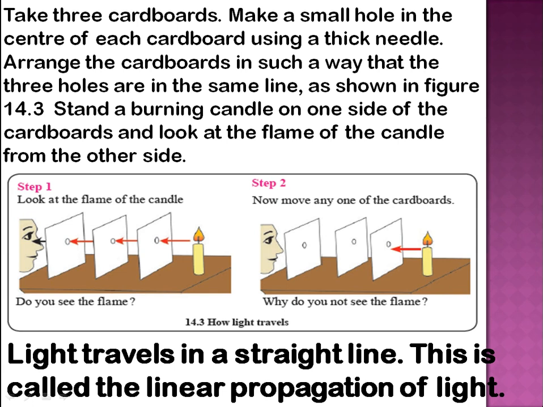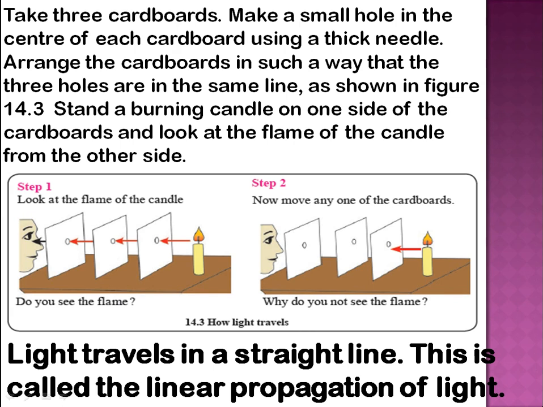Then in step 1 it is shown that we have to arrange the cardboards one by one in a proper way, so that the 3 holes are in the same line. We can see in the figure how light travels in a straight line. After the 3 cardboards are straight, we burn a candle on one side of the cardboards and look at the flame from the other side.